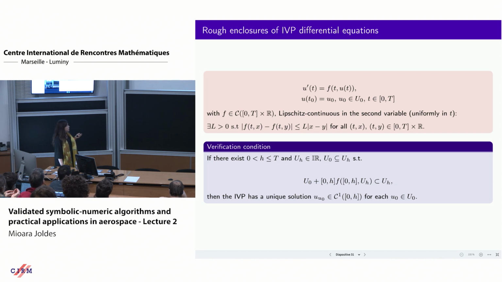So I could just say, okay, maybe I can choose some step, and if ever I manage to prove this inclusion in interval arithmetic or some more fancy ball arithmetic, then I can say that at least on this interval 0h, I have a unique solution for each initial condition in the set that I consider.